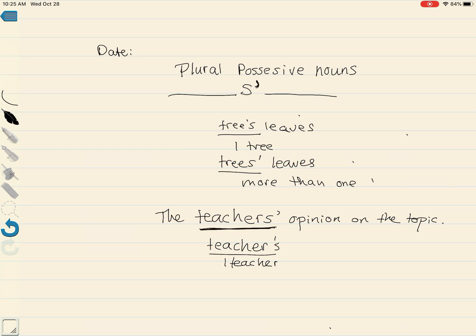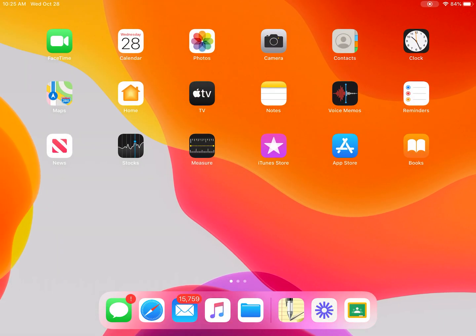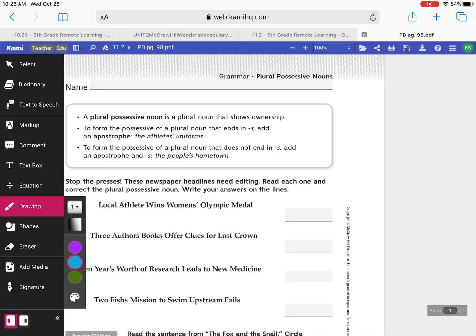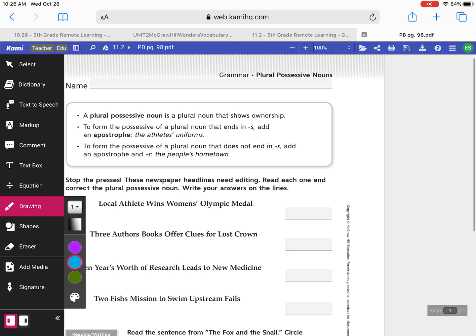Today's work on page 98 is similar to what we just learned about.